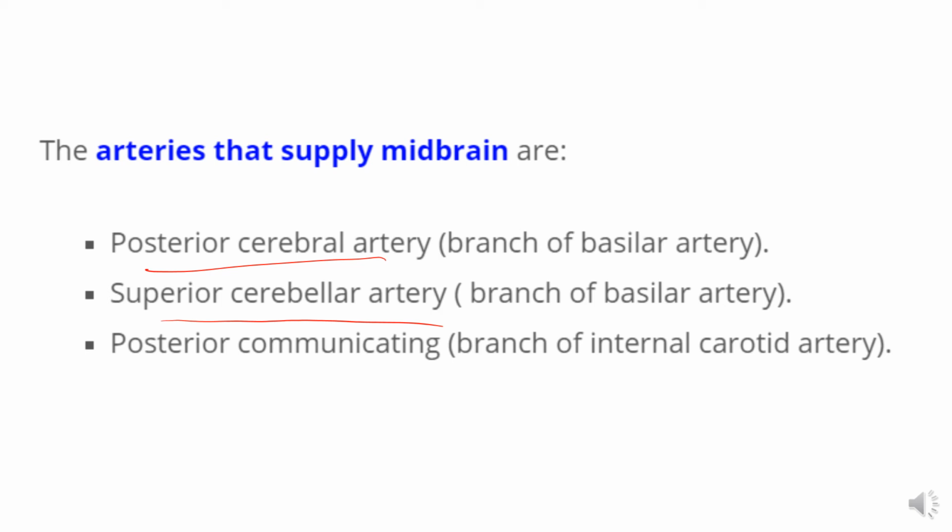Branches arising from these vessels may either be paramedian, which supply parts near the midline, or circumferential, which wind round the midbrain to supply the lateral and dorsal parts. One of the lateral arteries is called the quadrigeminal artery. It is the main source of blood supply to the colliculi.